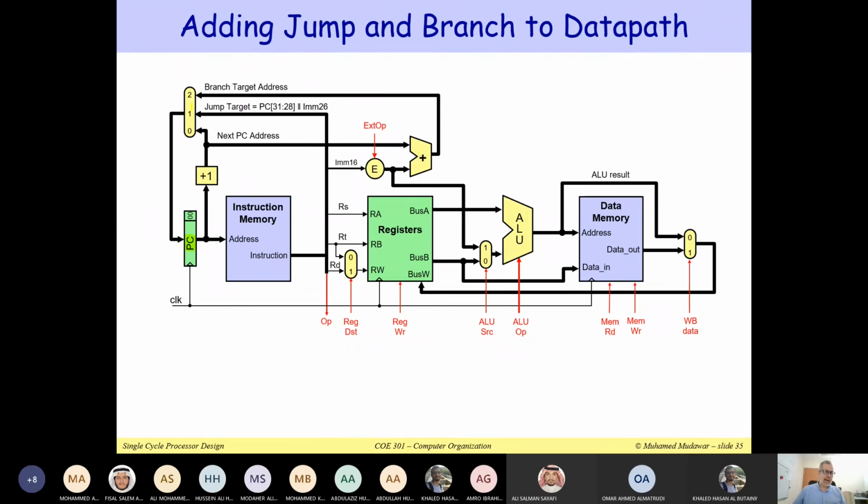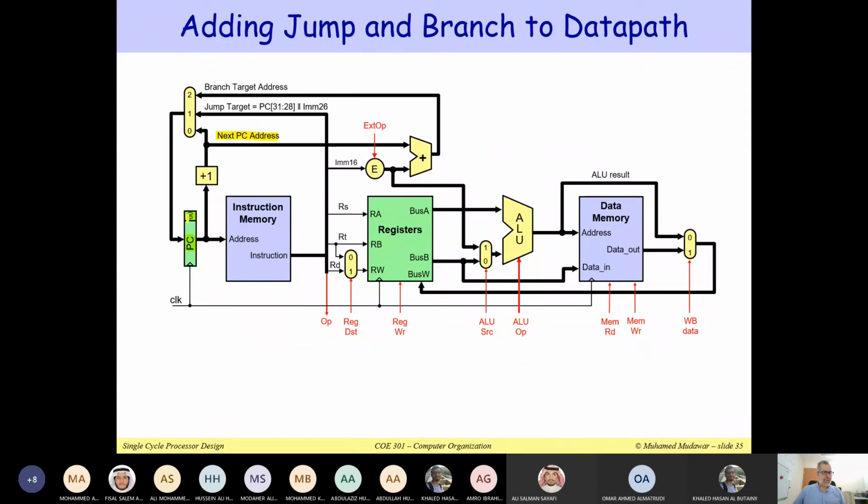So now I need another multiplexer, which is at the input of the PC. So now the PC, we can just increment the PC. If we don't have a jump, if we don't have a branch, we simply can increment the PC and we point to the next instruction in memory. So we have this incrementer. This incrementer is going to increment the upper bits of the PC.